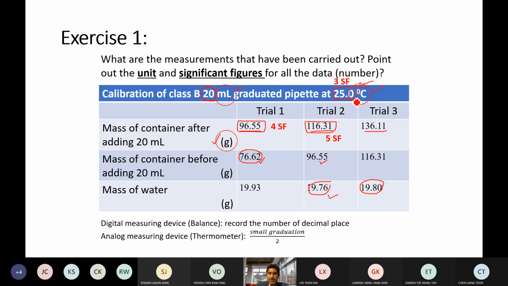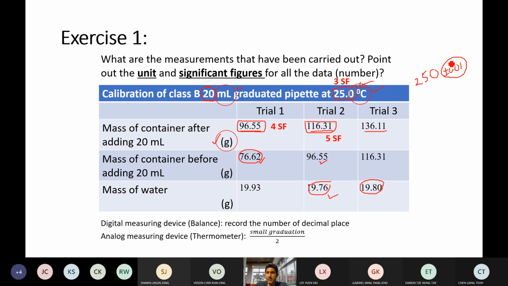So it is already giving us 25.1 or 25.0, like that. So we can write 25.0 plus minus 0.1, plus minus 0.01, right?